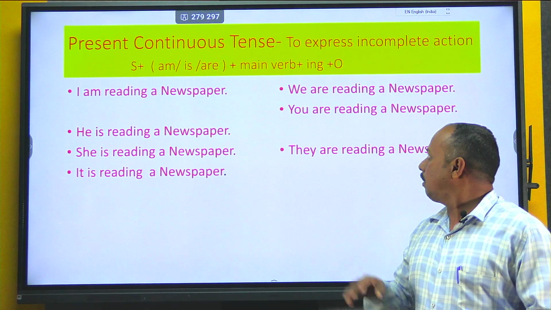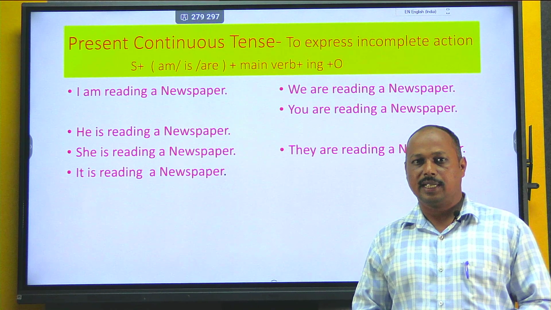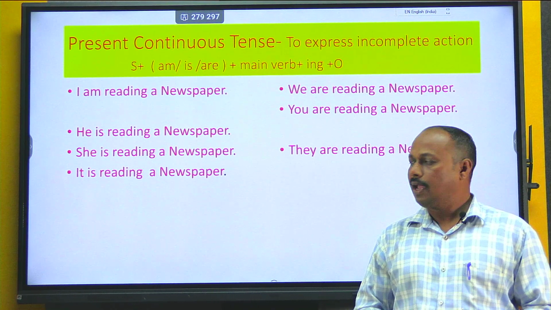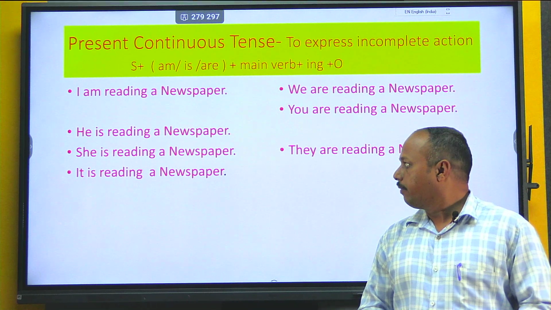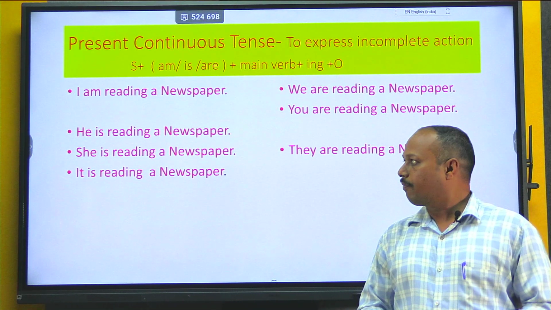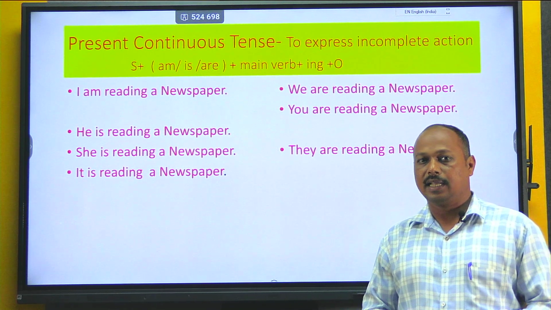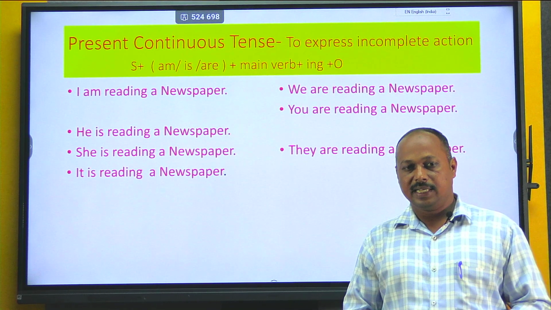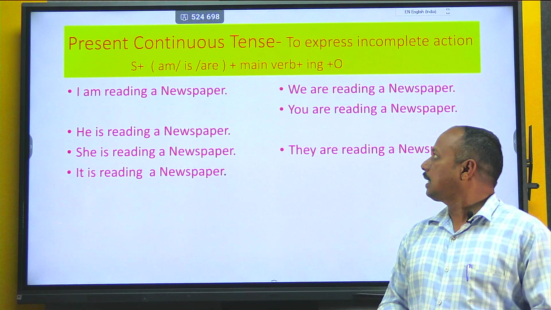Then for the plural forms we, you, they, we use the auxiliary are, and after the third person singular pronouns he, she, it we use the auxiliary is. According to the rule of grammar, the auxiliary changes after the pronoun: am, is, are. This is a very simple example of present continuous tense.